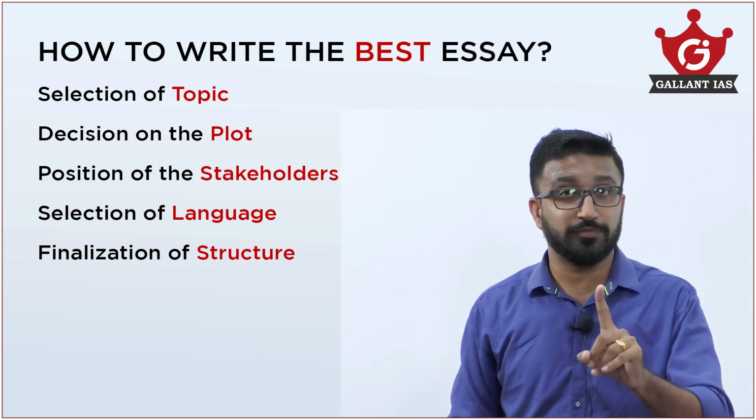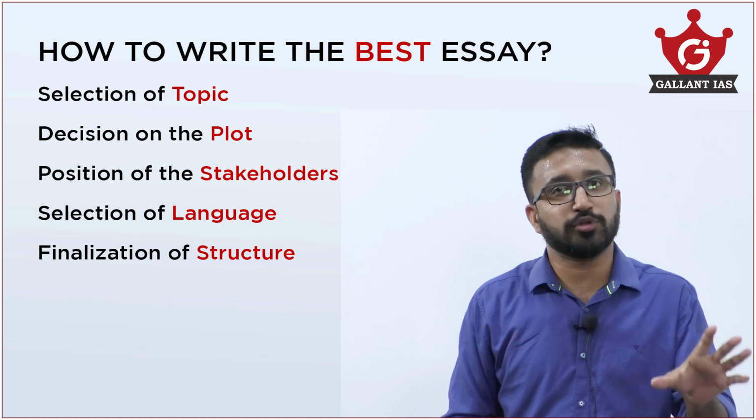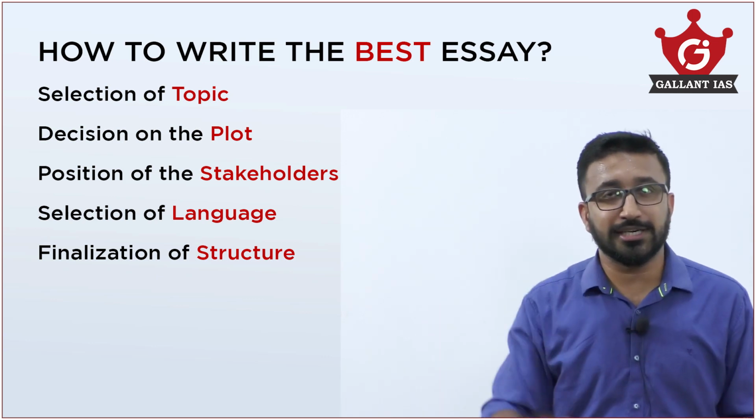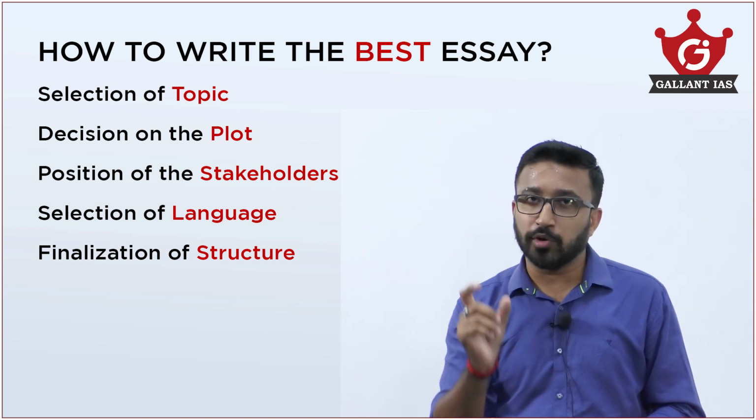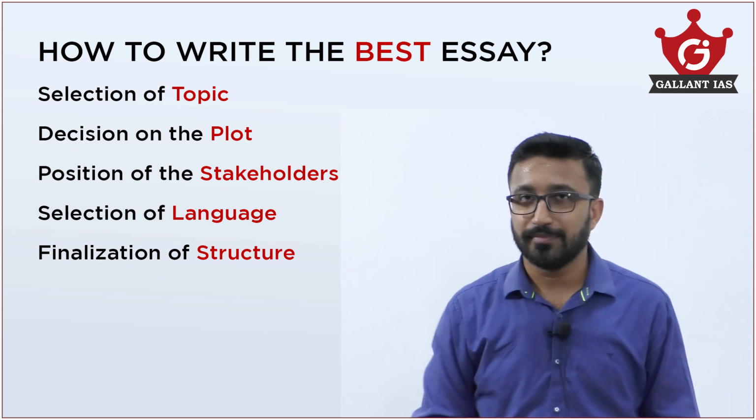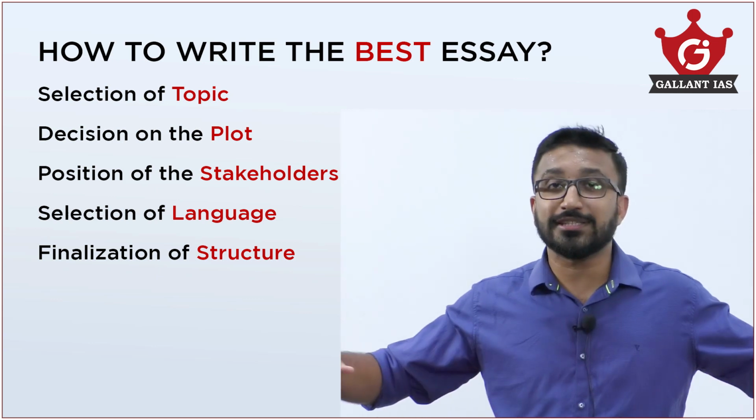Flow is very necessary when it comes to an essay paper. In a GS paper, you can stack up points like this, but not in an essay paper. So flow of words is another point.